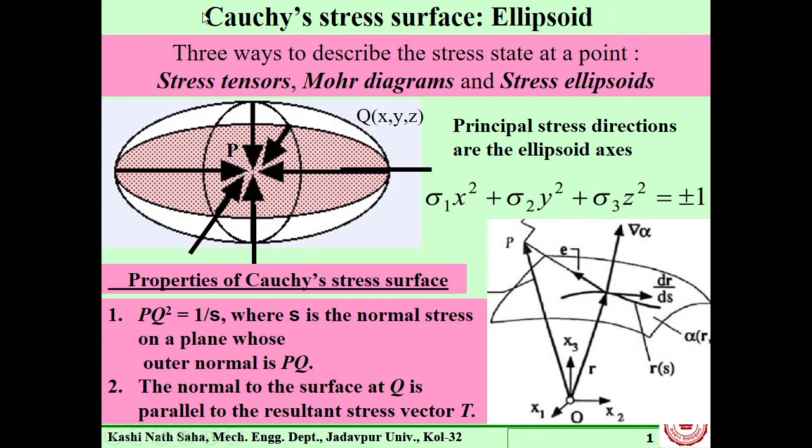What is that? If we join the point Q with the origin, for this line PQ the direction cosines are known, and in addition, at this point Q, the outer normal direction of the surface is also known.